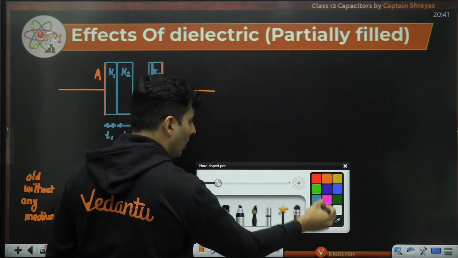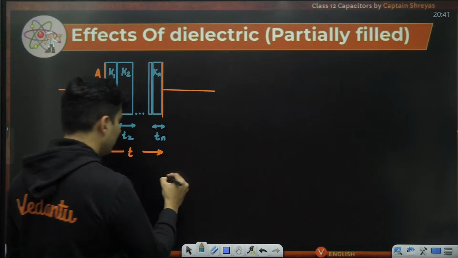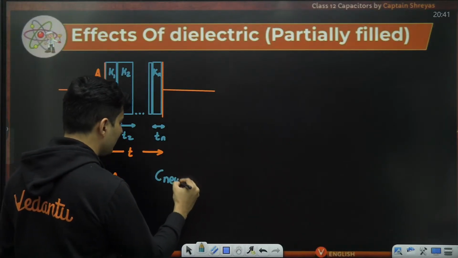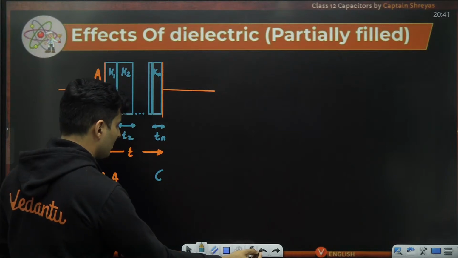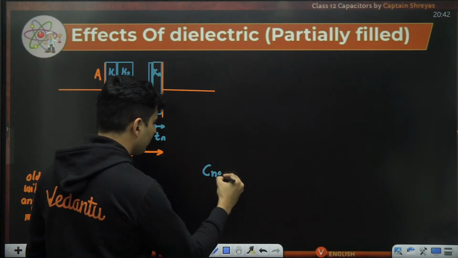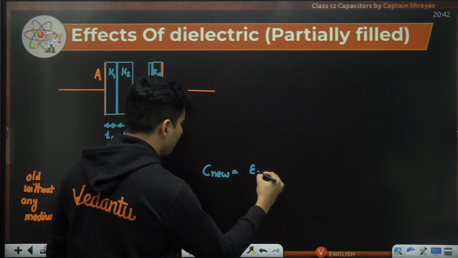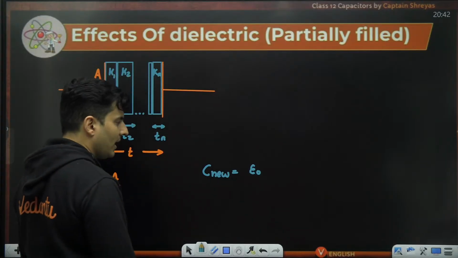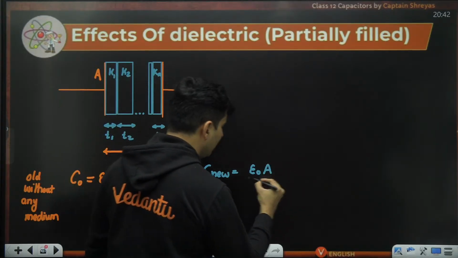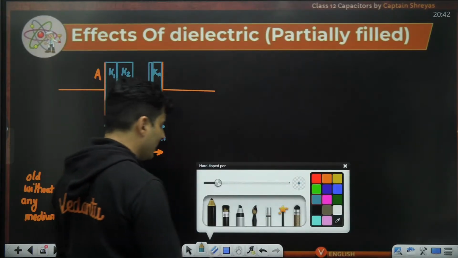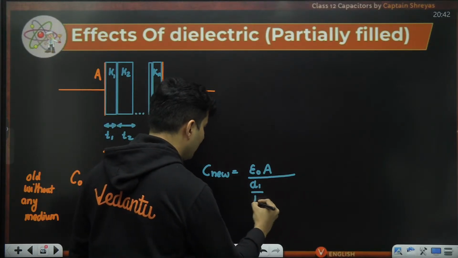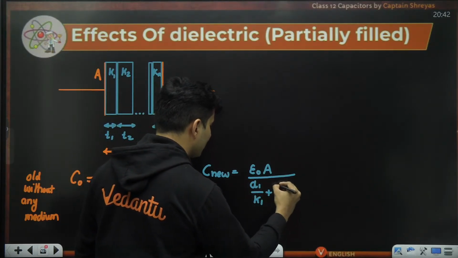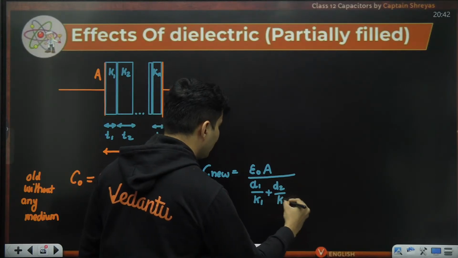But with all these things in between, the new capacitance, keep this in mind, very interesting. It is epsilon naught A divided by, over here in the bottom, you will write D1 by K1 plus D2 by K2.